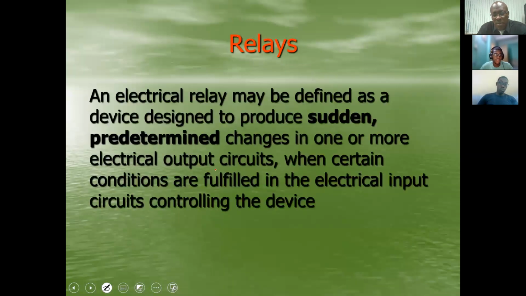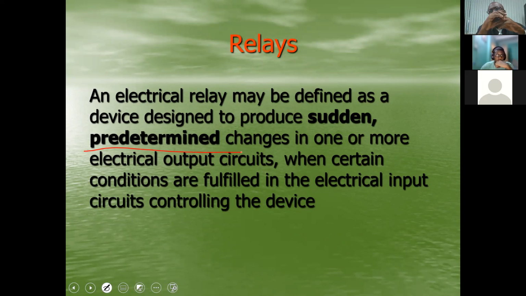Now, we have already given the definition for a relay, and we spoke about the fact that the changes that will occur are predetermined. So we know what change will occur based on a particular input. Once certain input conditions are satisfied, we know what the output will look like. And that is the basic principle of your relays. There's nothing overly spectacular about this.